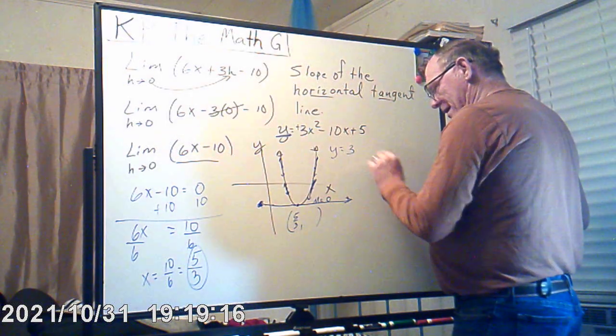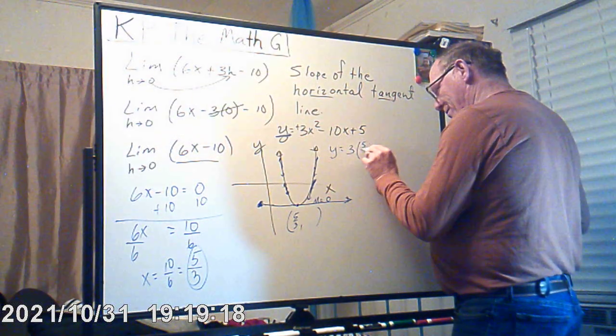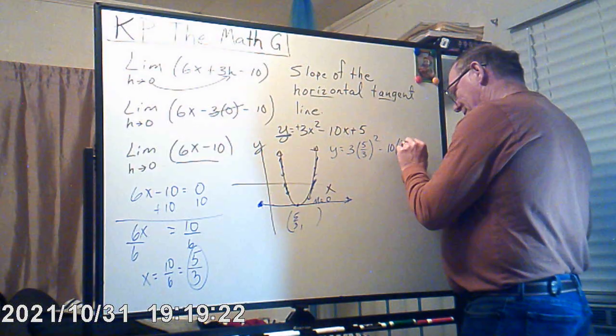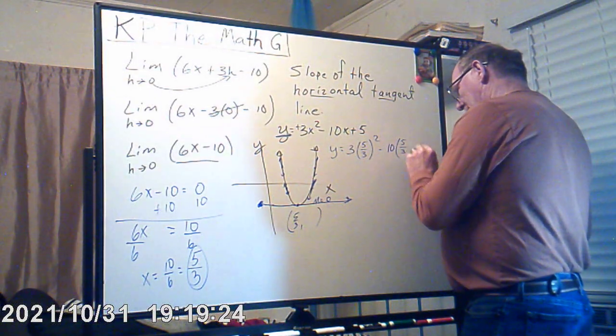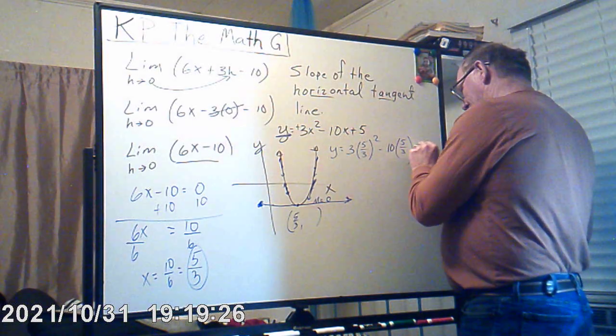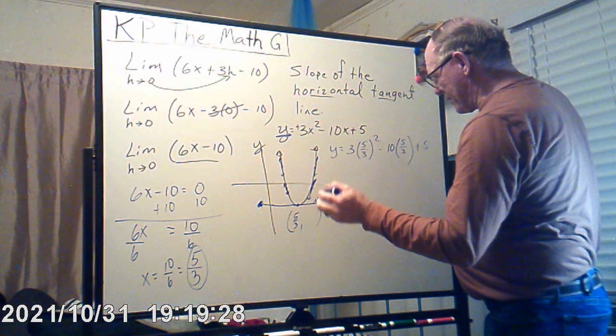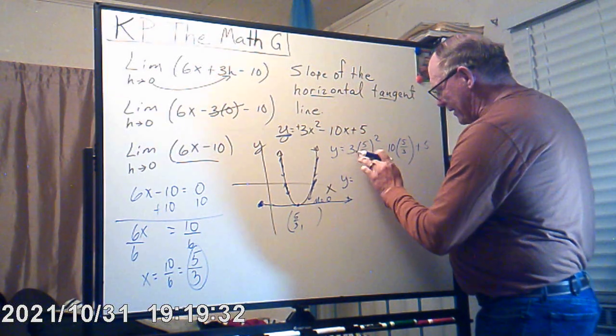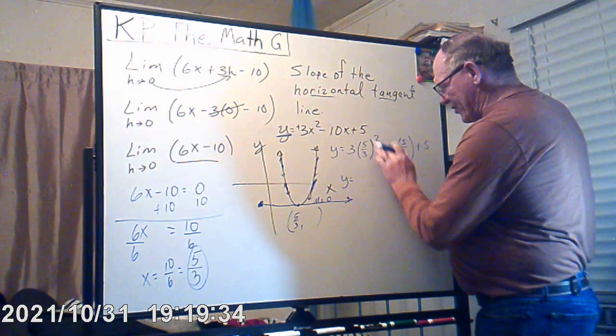So 3 times 5/3 squared minus 10 times 5/3, and then plus 5. If we're careful we can get this. We can't cancel this out first, because we have to square this first.